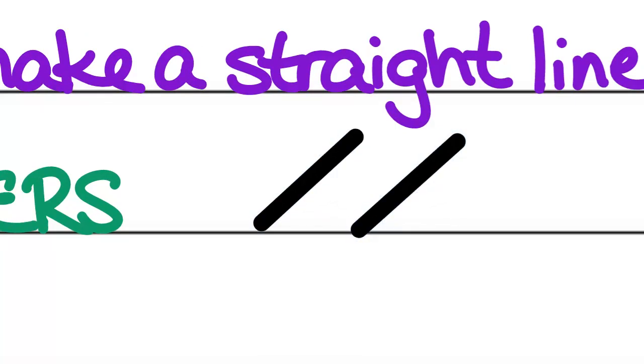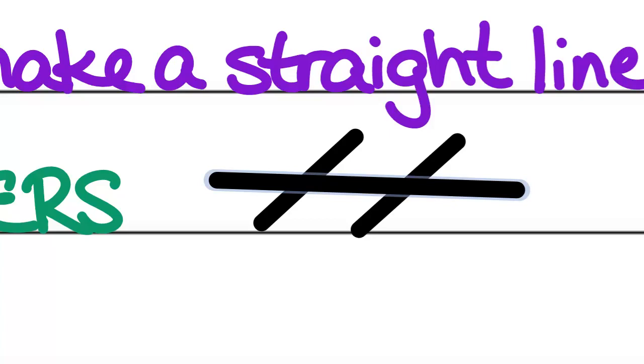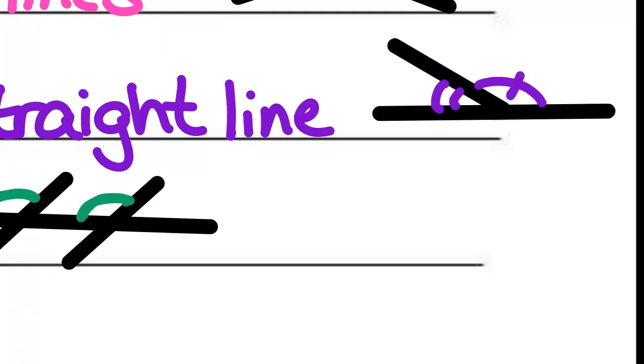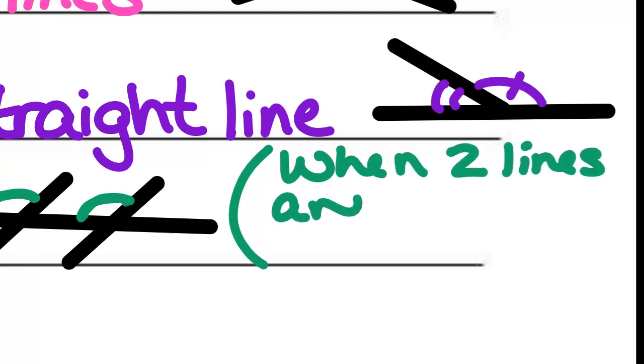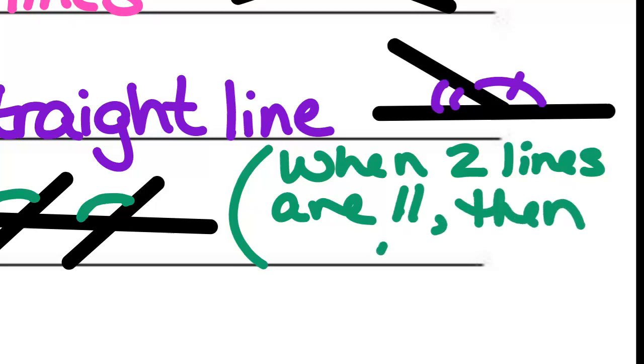So if I have two lines cut by a transversal, matching corners like these two. When the two lines are parallel, then my corresponding angles are congruent.